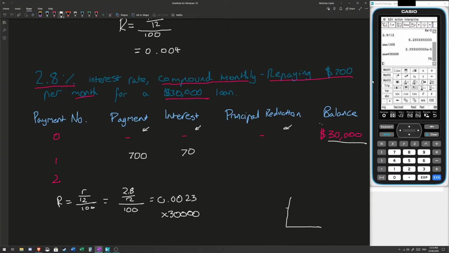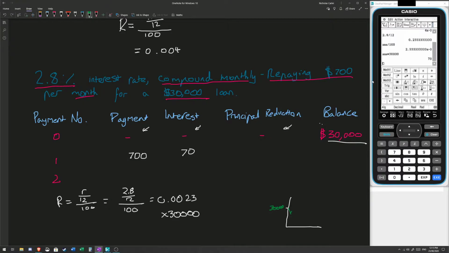So if we think about what's happening, we're paying off, I'm just going to do a small graph here. So we're starting at 30,000. I'll change color. Keep it colorful. We're starting at 30,000. We're paying off that 700, but the bank's charging us $70 to do it. So we've gone back up with that $70. And this is kind of what we've got to start thinking about with loans.